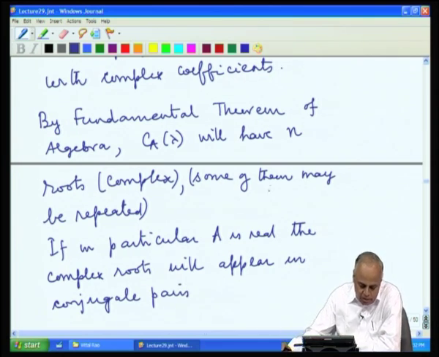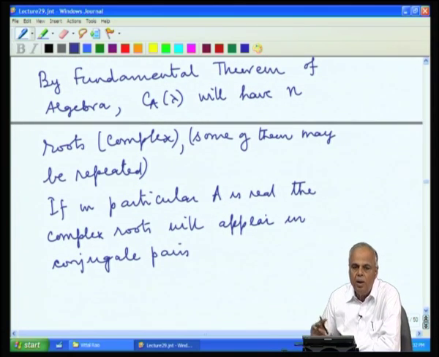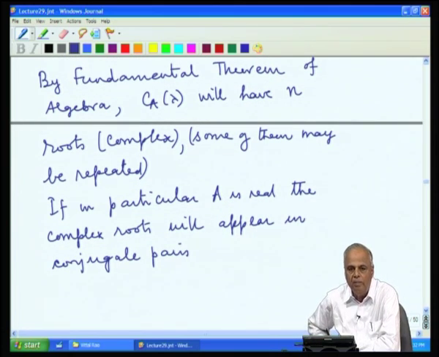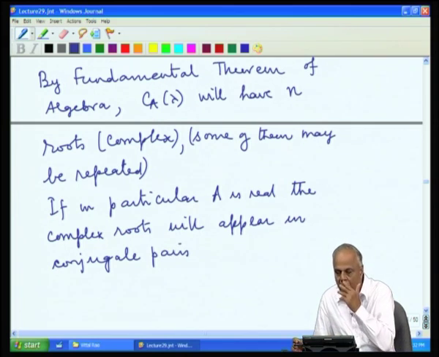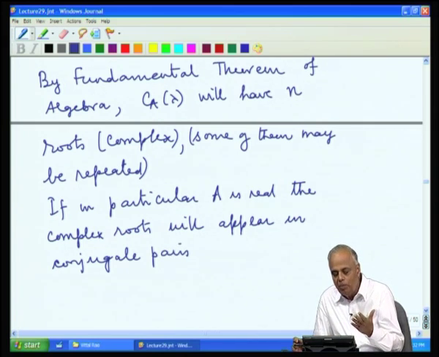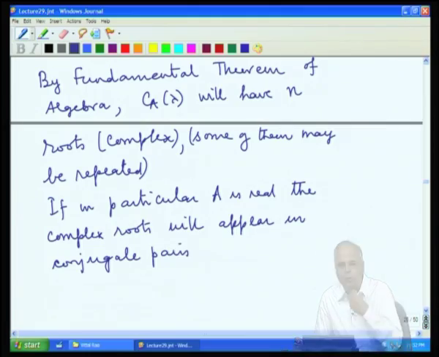So, what this says is that as far as the search for the eigenvalues is concerned, there is no problem about finding enough of them, in fact, n of them, as the roots of the characteristic polynomial, provided you allow complex roots. Okay.